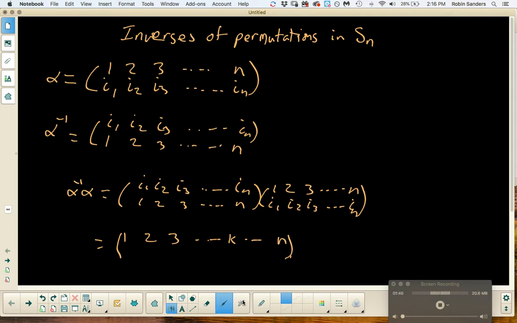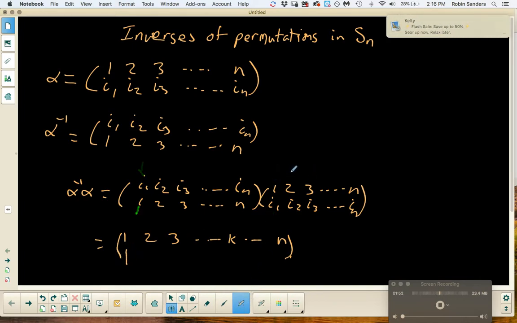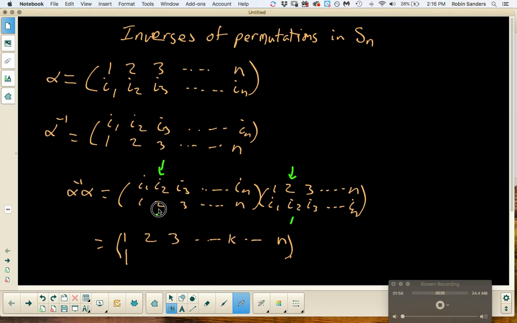And the tracing algorithm is simply going to look like, well, 1 goes to I1, and I1 goes to 1, so 1 goes to 1. And then 2 goes to I2, and I2 goes to 2, so 2 goes to 2. And 3 will go to I3, and I3 goes to 3, and so we wind up eventually getting to k.